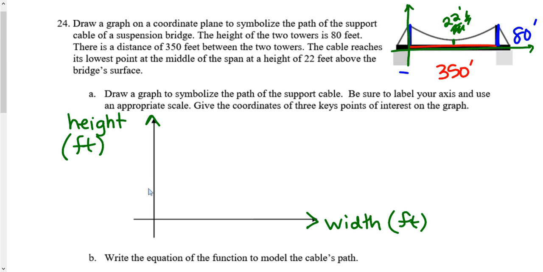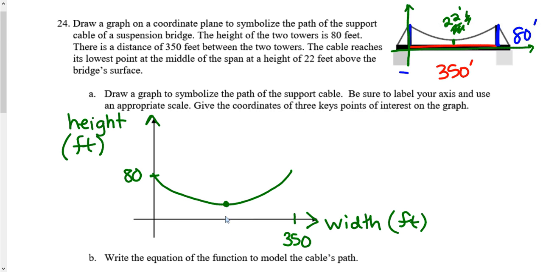So my cable starts out up here at a height of 80 feet at the top of the tower, and then it drops down and comes back up to a height of 80 feet again. So this whole distance right here took 350 feet to go across.